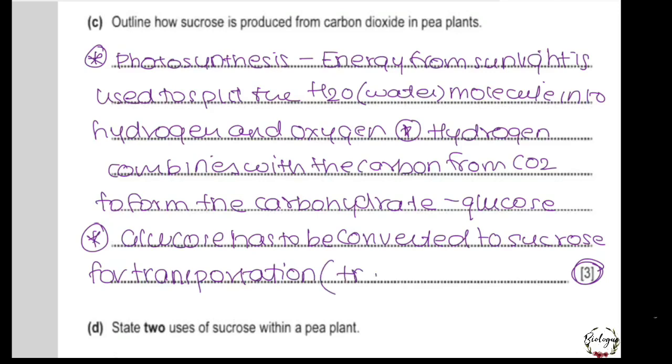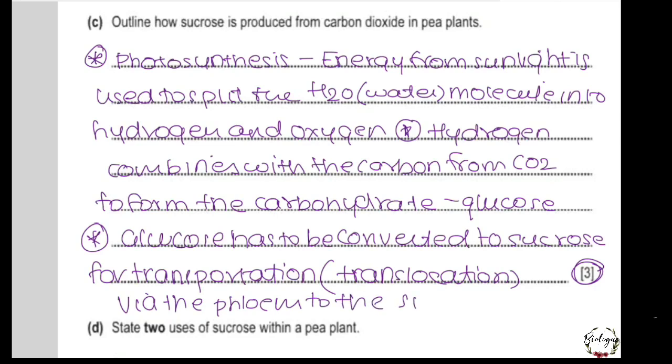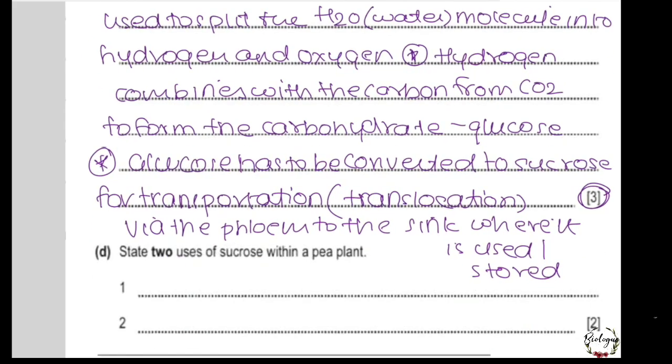In the bracket you can write translocation via the phloem to the sink, where it is used or stored. Moving on to the next question.